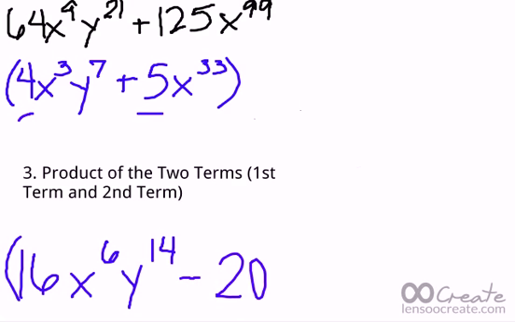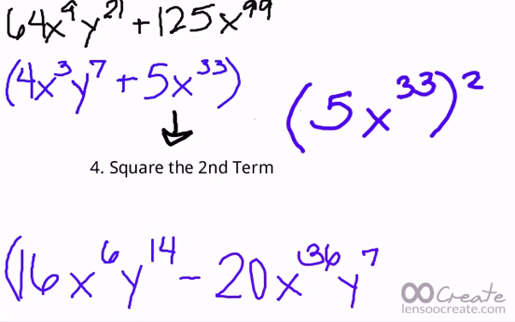And now let's go to x cubed multiplied by x raised to 33, which is equal to x raised to 36, since the product of powers rule was applied. And y raised to 7 will still remain y raised to 7, since nothing can be multiplied to it.